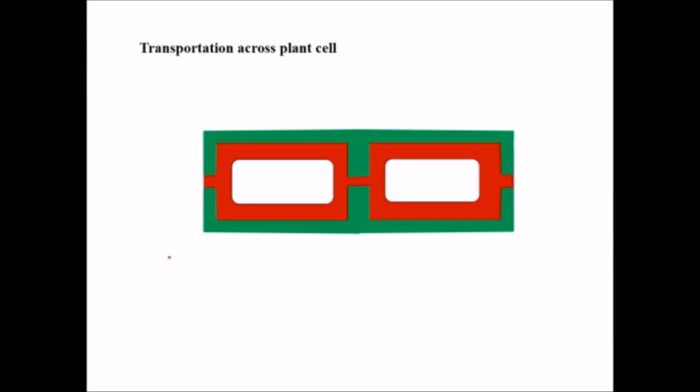This is the plasmodesmata, and likewise there are two other pathways too, like the vacuolar pathway. It has a similar route for transportation to that of the simplest, the only difference being that it passes across the vacuoles. And third is the apoplast, which passes through the cell wall. So what will be the answer?